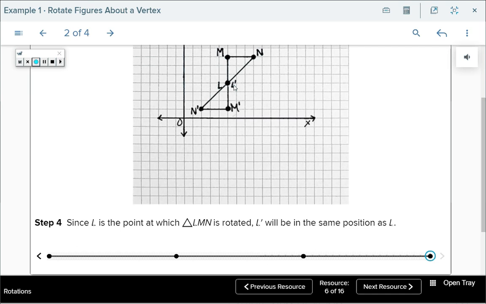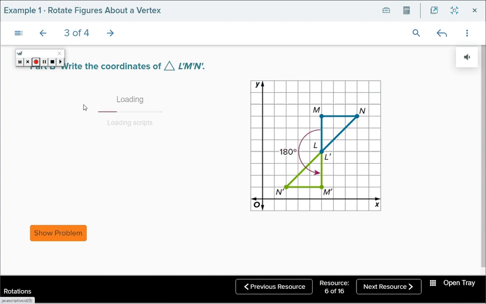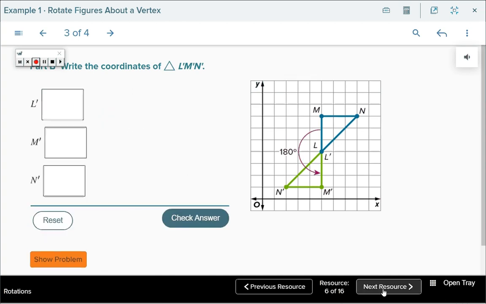I don't think you need a protractor because you can simply count the spaces, right? Okay, let's look at another one. If I was going to write the coordinates, what are the coordinates of L prime? They're the same. What are the coordinates of M prime? (5, 1). And what is N prime? (2, 1). Okay, good.